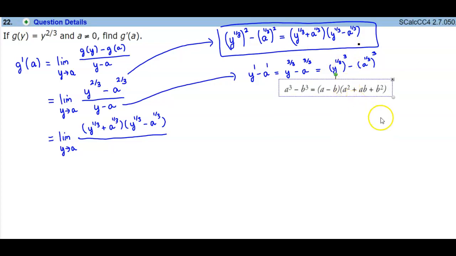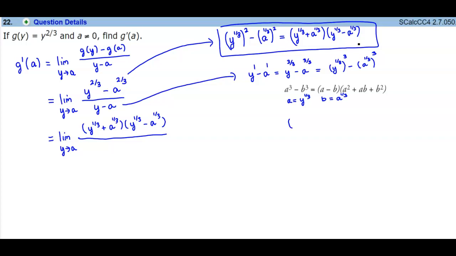So since we have the difference of cubes, we're going to look at that formula. And what do we know? In our problem, a is going to represent y to the 1/3, and b is going to represent a to the 1/3. So now let's plug it into our formula.